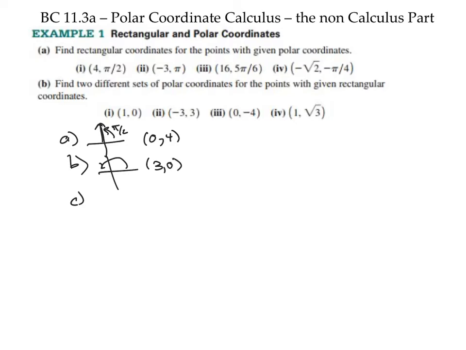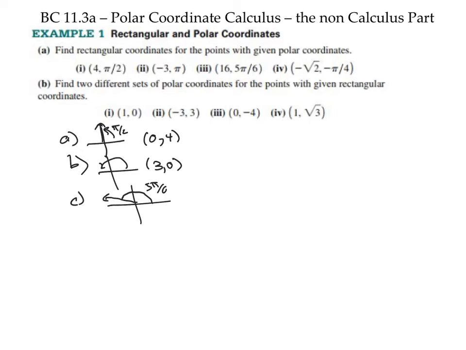C, 16, 5 pi over 6. Well, 5 pi over 6 is 150 degrees. It has a 30 degree or pi over 6 reference angle.